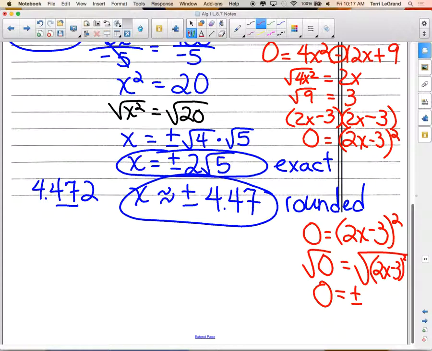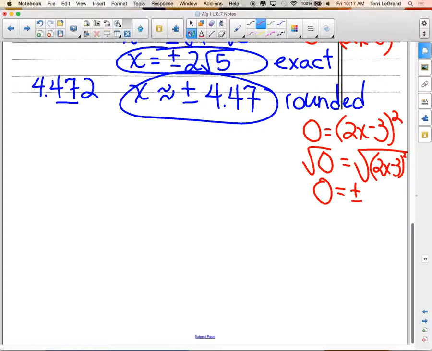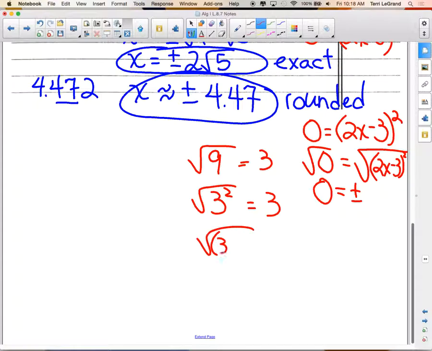What's the square root of 2x minus 3 squared? Okay, let me do this for you then. You're giving me that deer in the headlights look. Are those the same thing? Yeah. And what's the square root of 9? 3. Well, what would the square root of 3 squared be? 3. So this is really the square root of 3 times 3 equals 3.